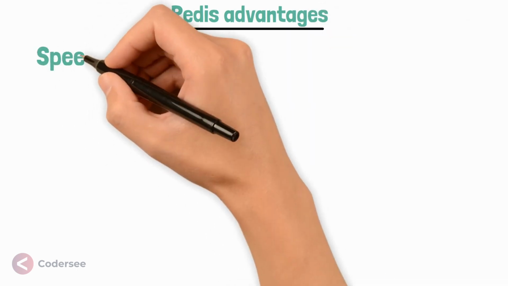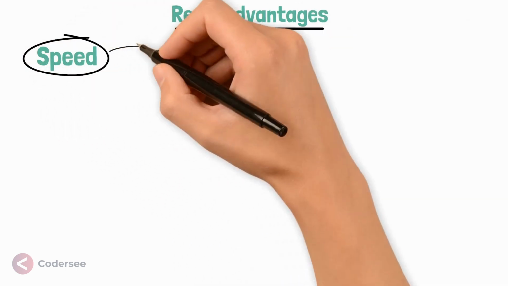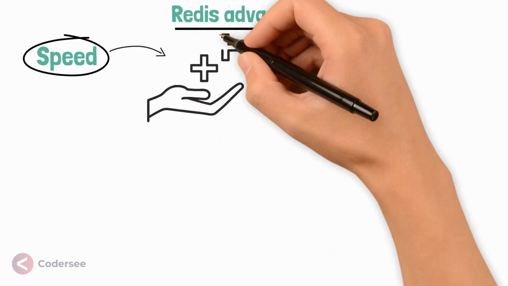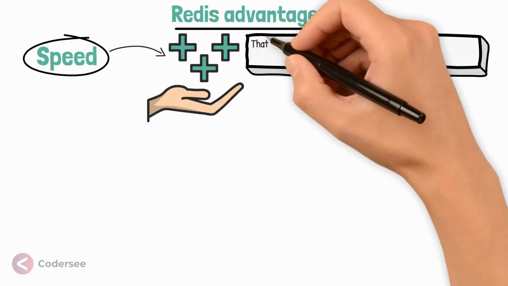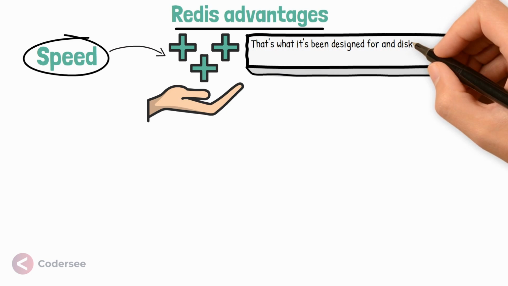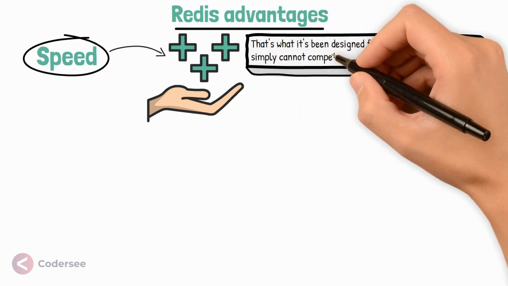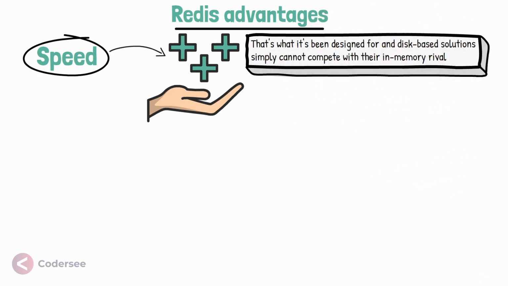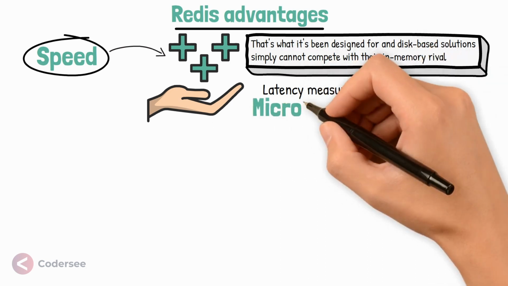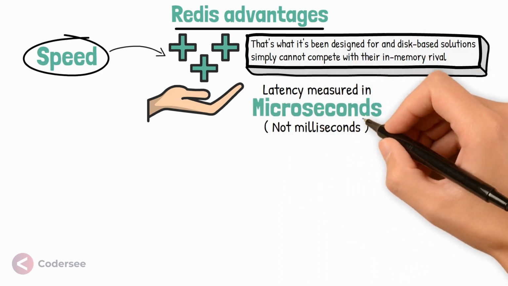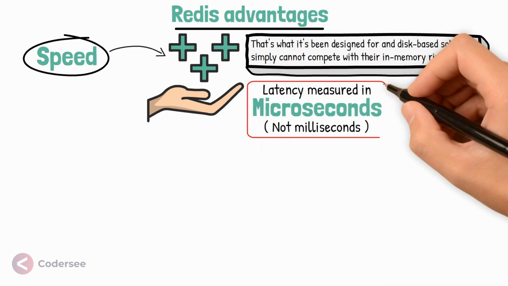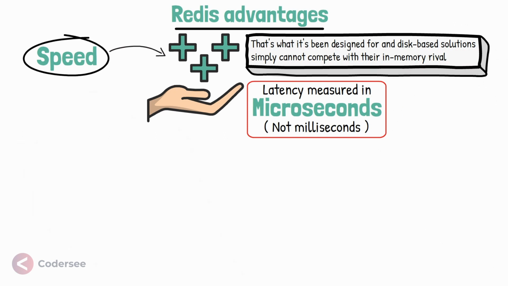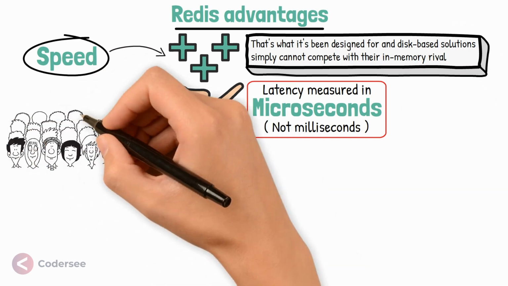First of all, speed. At this point, we shouldn't be surprised that performance is a huge advantage of Redis. That's what it's been designed for, and disk-based solutions simply cannot compete with their in-memory rival. Latency measured in microseconds, not milliseconds, brings a lot to the table. Secondly, a huge and active community.